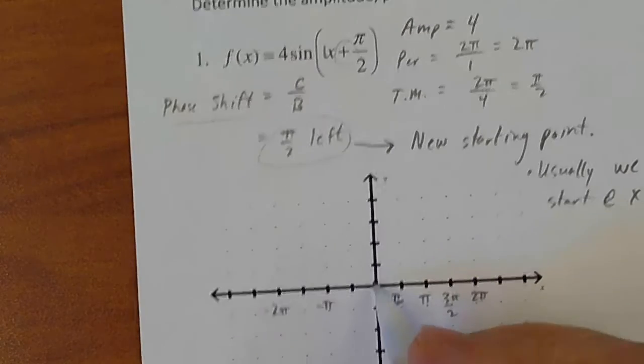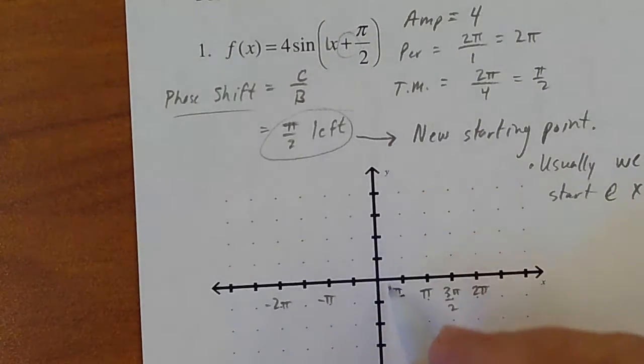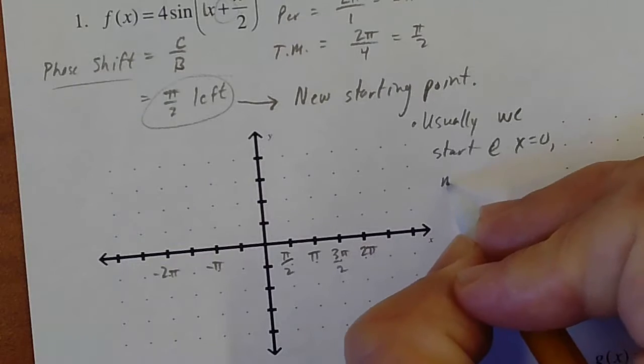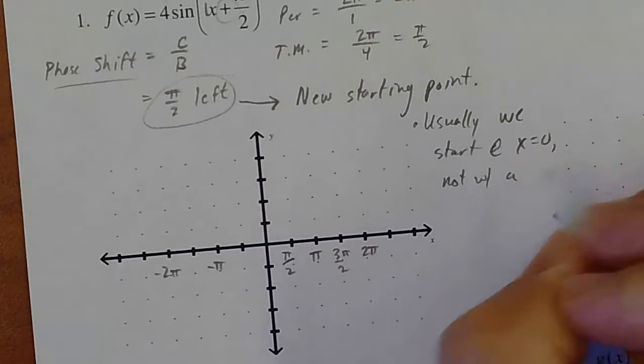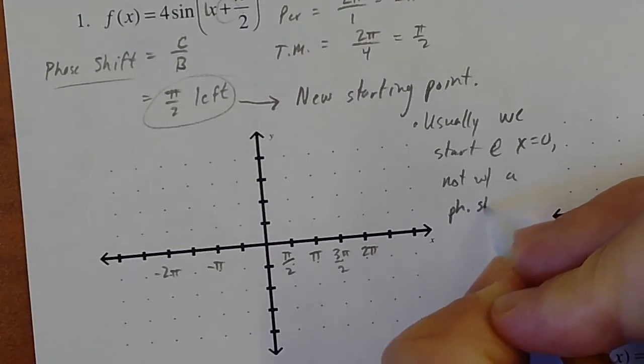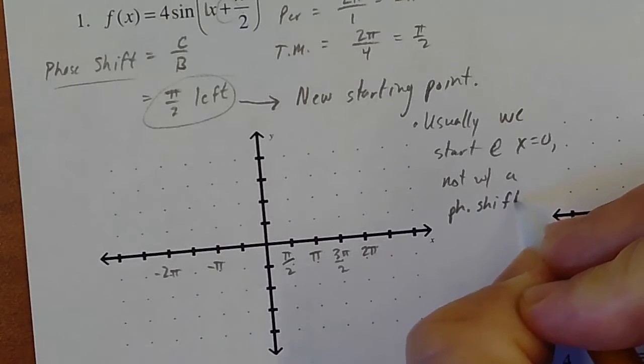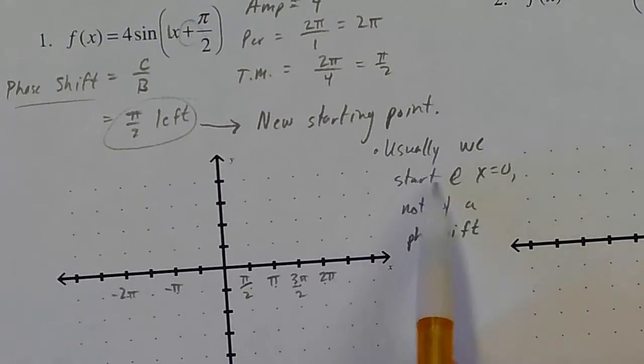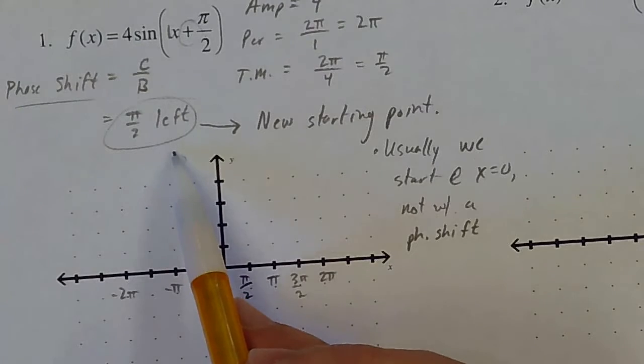We usually always start here. Even if it's a vertical shift, we go up and down, and then we start right along the y-axis at x equals 0, but not with a phase shift. Okay, so again, I'll just read this in case you can't see it. Usually we start at x equals 0, but now with a phase shift, we're going to start at that new phase shift.